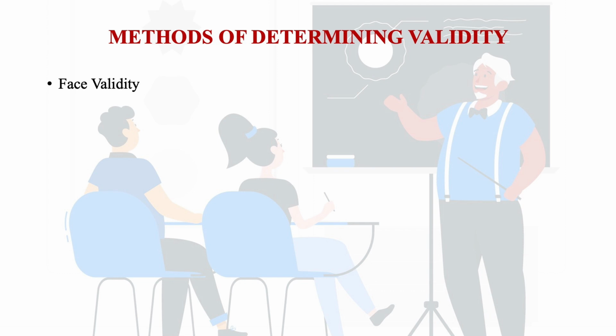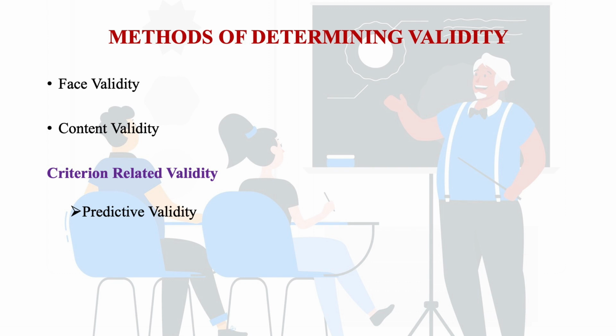Let us go forward. To understand the different methods that we follow for determining the validity of a tool, the first method is face validity, then content validity is another method, and criterion related validity is another method. Under criterion related validity, there are two techniques that you can use: one is predictive validity, and the other is concurrent validity.